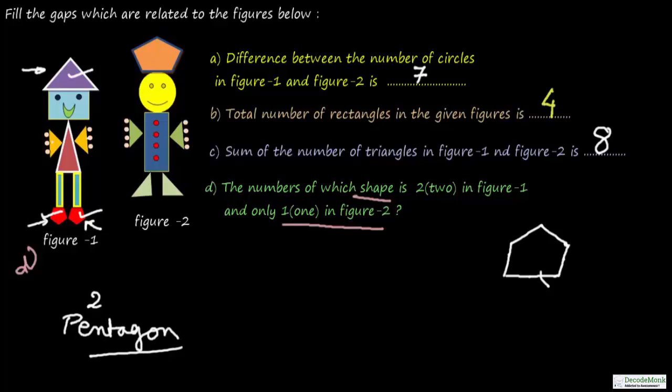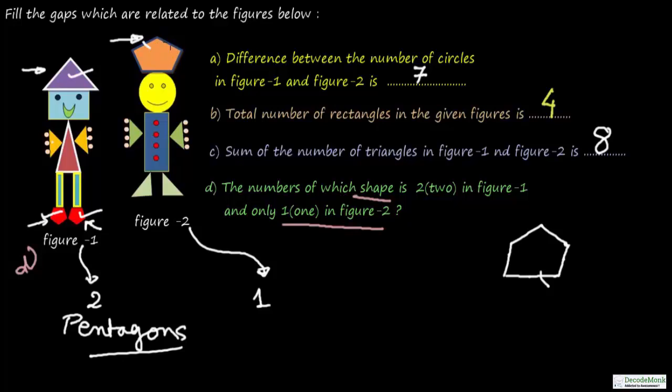Pentagon, pentagon, and let us check whether it occurs once in figure 2. So twice in figure 1 and once in figure 2. Let us begin again from the hat of figure 2. You can see that the hat itself is a 5-sided closed shape. This is a pentagon.